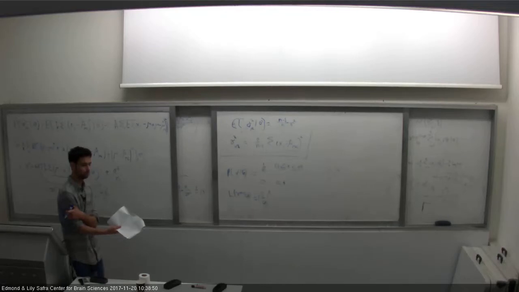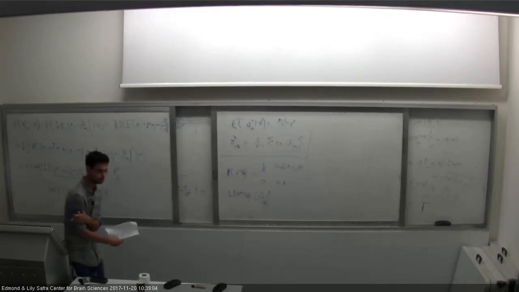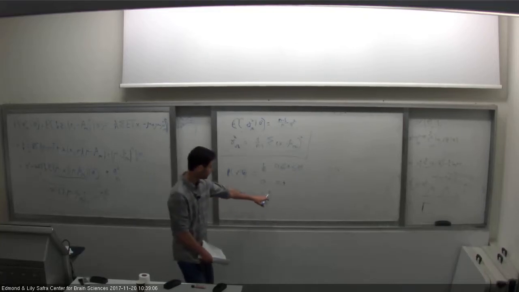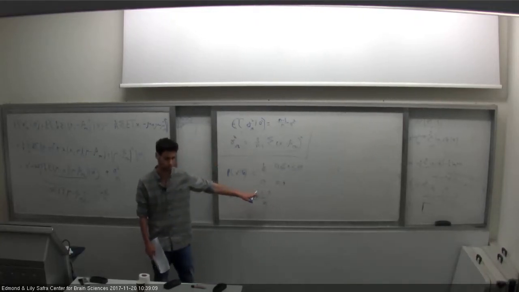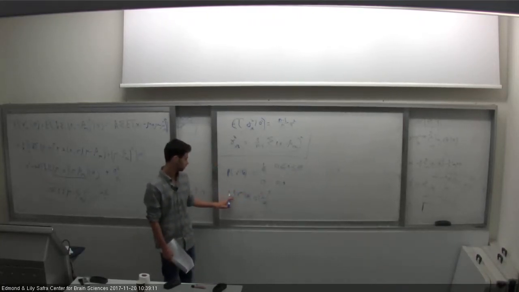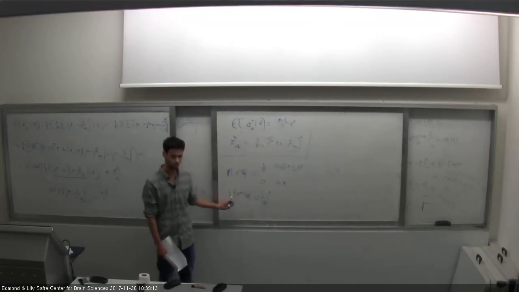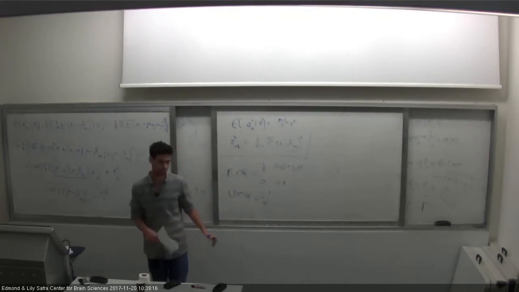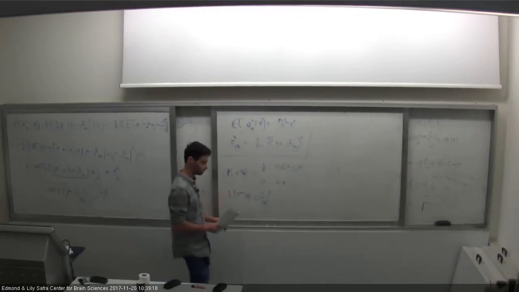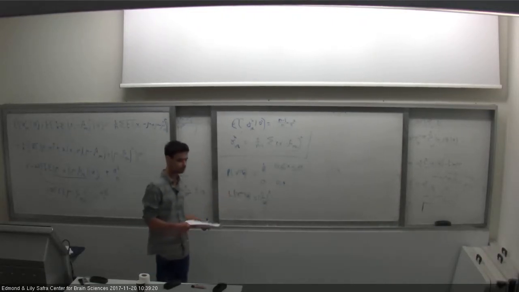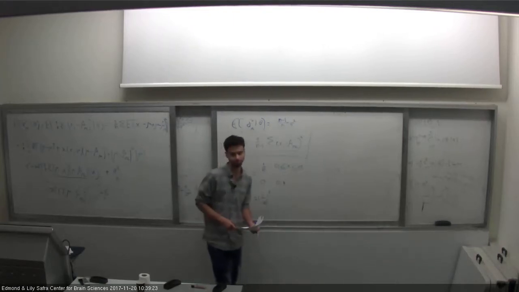When we talk about estimators, we don't have a ratio. N is the number of examples. Yes, it's the likelihood function here. Sorry.